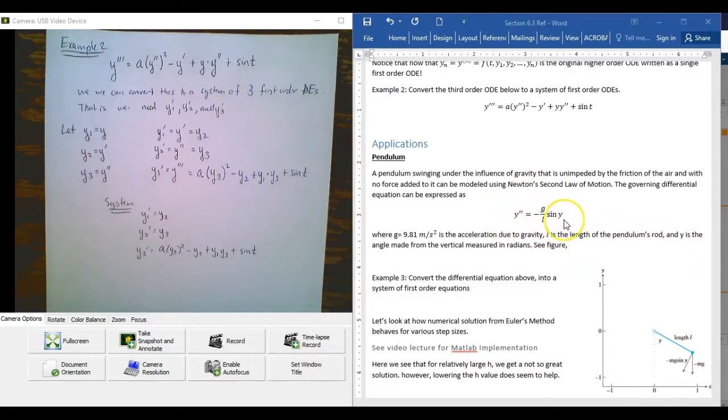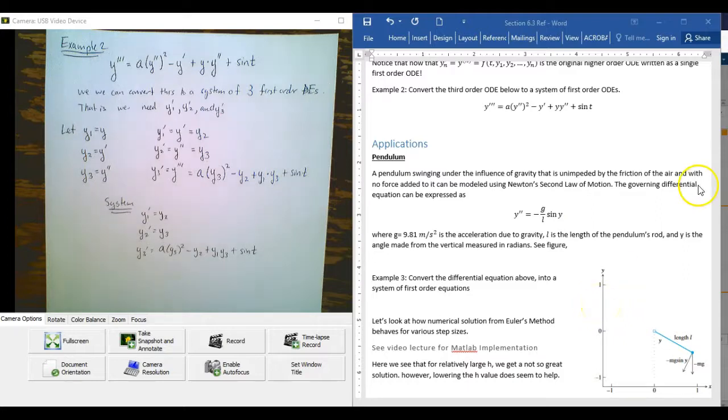I'll just give you the formula there. So here, y double prime is equal to negative g over L times sine of y, where g is the acceleration due to gravity, which is constant. That's 9.81 meters per second squared. L represents the length of the pendulum's rod, and y is the angle made from the vertical measured in radians.